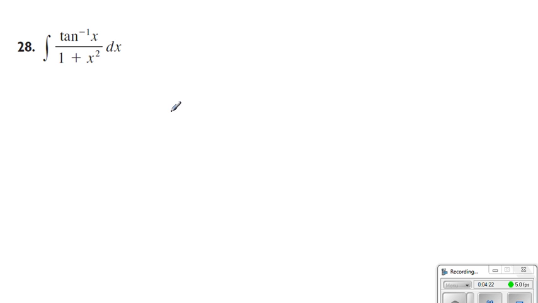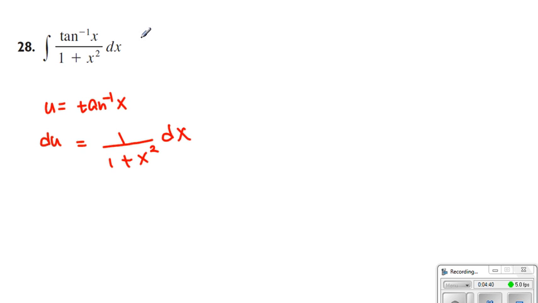Alright, how about this? Yes. If you set u as arctangent of x, then du simply becomes 1 over 1 plus x squared dx. Then this becomes rather simple. It becomes u du, because the whole bottom portion with dx becomes the du.